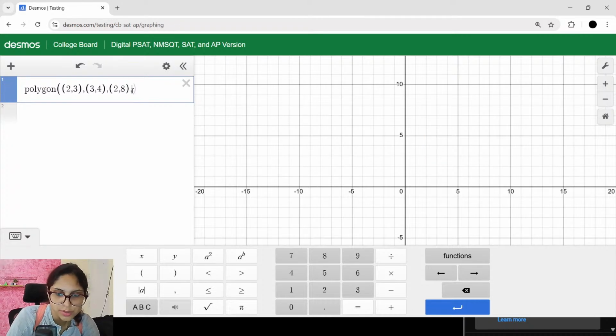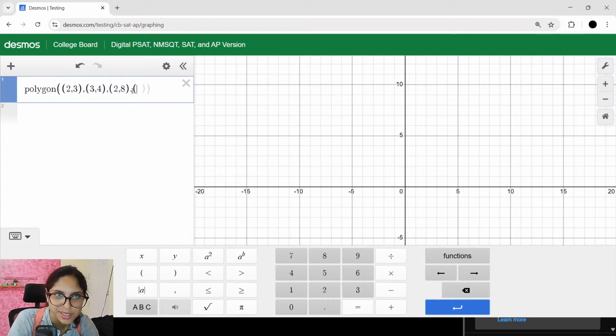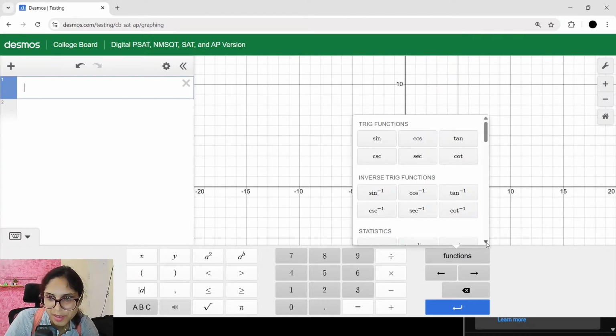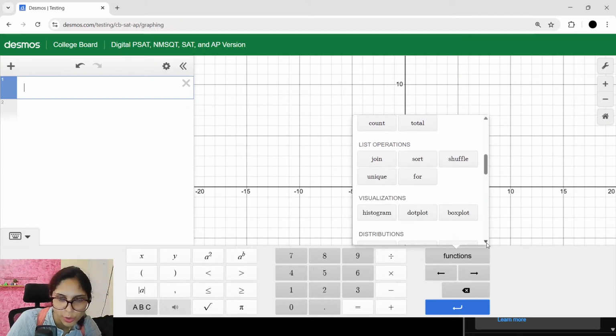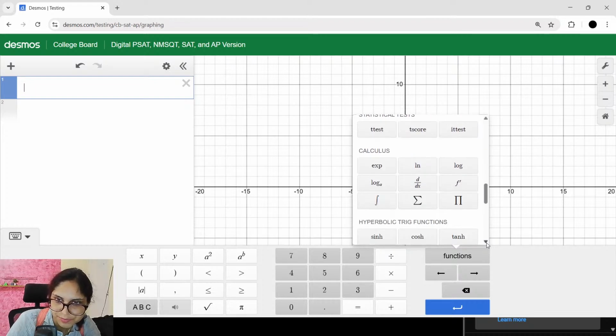And if there are 4 points, you can form your quadrilateral also. So it's looking something like this. So you can see the polygon for yourself. 3 points will form a triangle, 2 points will form a line, 4 points will form a quadrilateral, and so on.